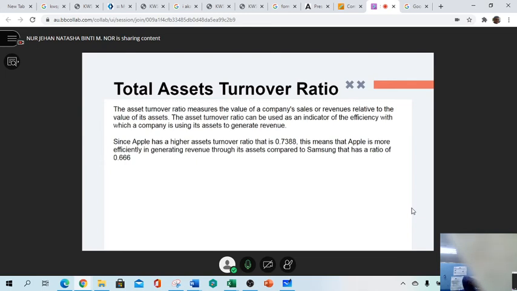Since Apple has a higher asset turnover ratio of 0.7388, this means that Apple is more efficiently generating revenue through its assets compared to Samsung that has a ratio of 0.666.